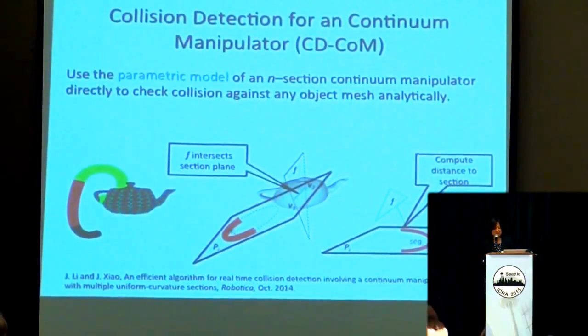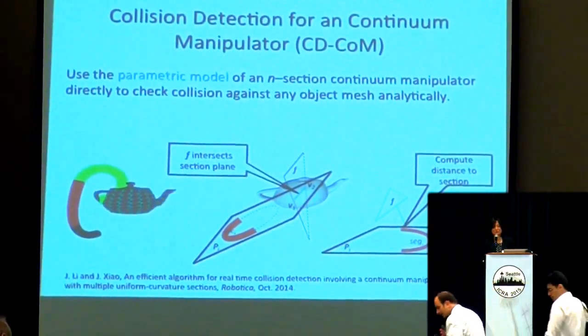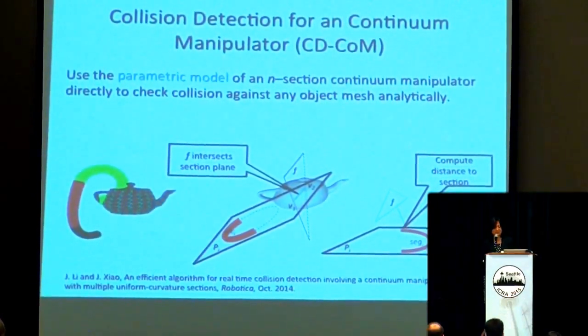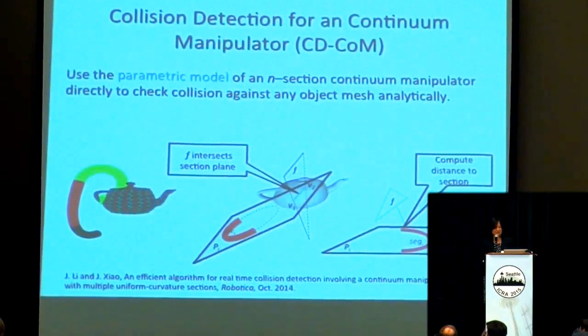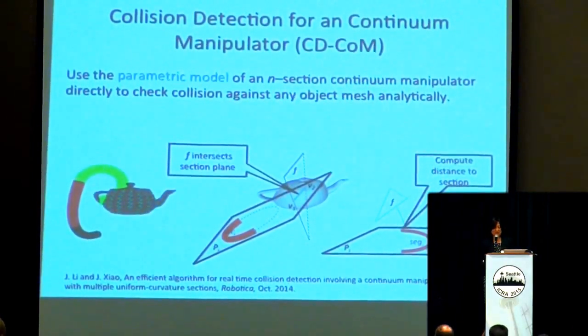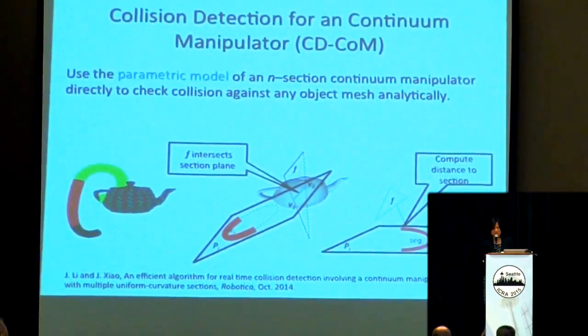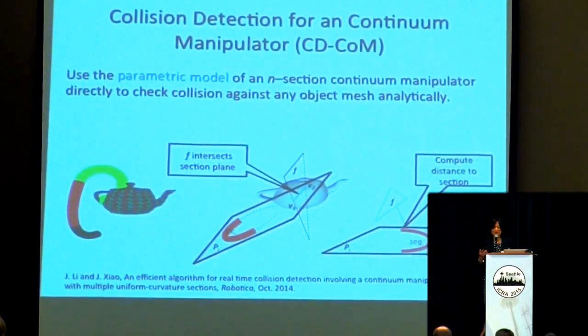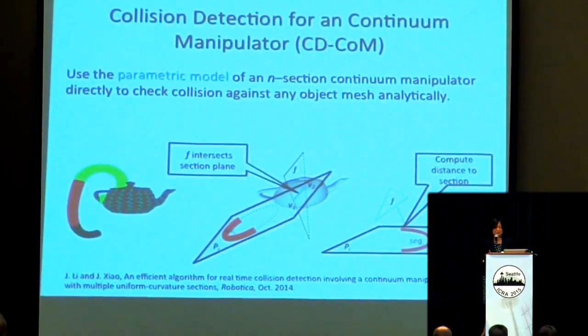So we considered using the parametric model of the manipulator to directly check collision against any object mesh analytically. We consider for a polygon of an object mesh, first, if it intersects with the cross section plane of a particular section, then the problem is converted into just a 2D checking between a line segment and a circular segment.